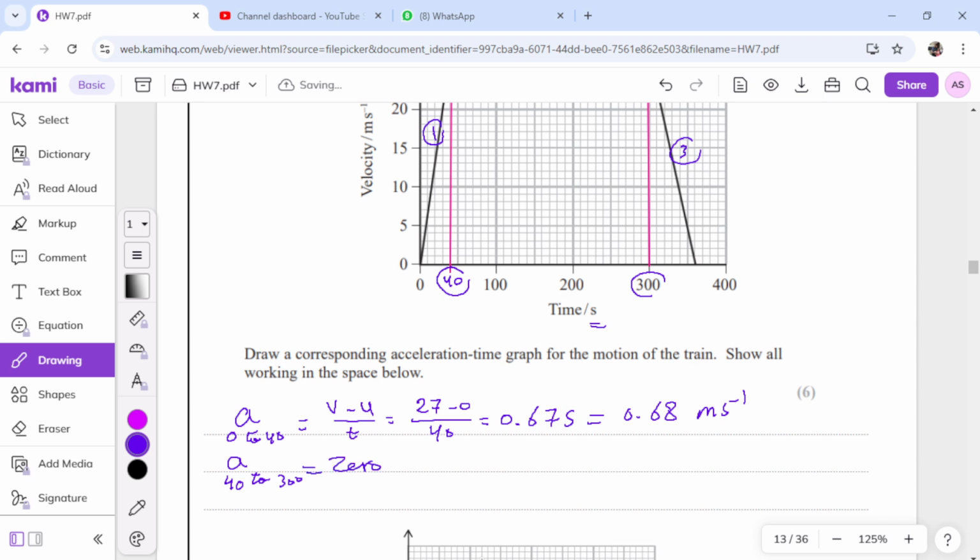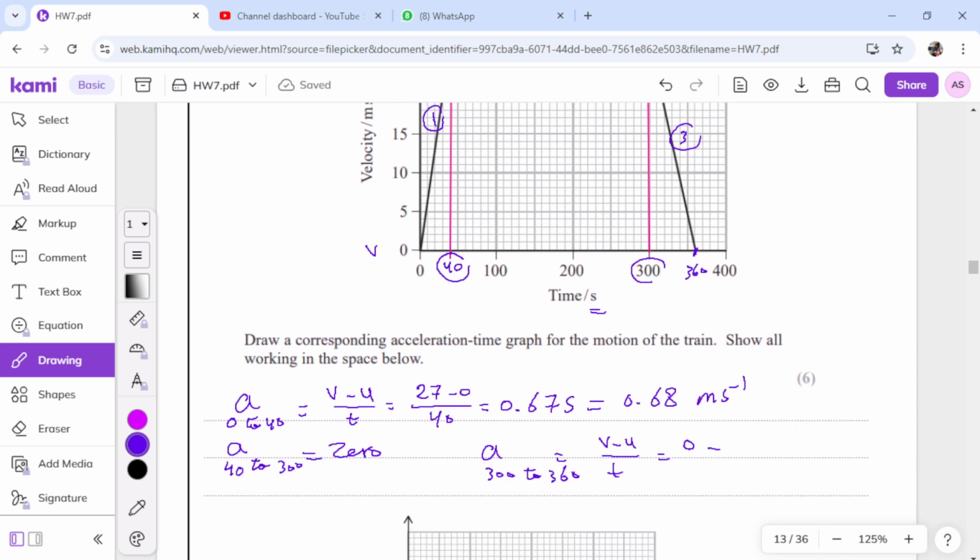Finally, we have to find a from 300 to 360, because it's the length of the deceleration here. It will also be v minus u over t, so it will be 0, because the final speed is 0, minus the initial speed, which is 27, over the time difference, 360 minus 300.